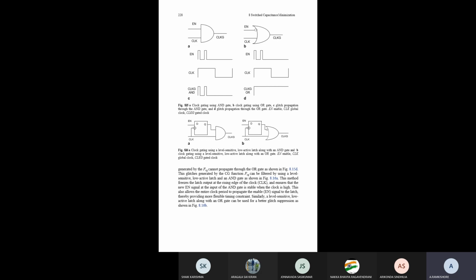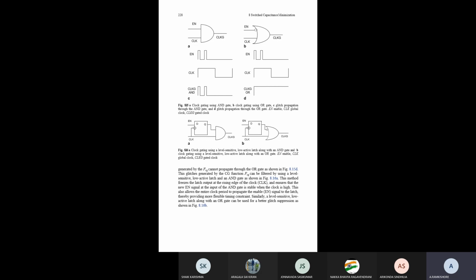Here the mechanism of CG is shown in this figure. A combinational circuit is used to detect the condition. Whatever we are discussing, any type of circuit, either combinational or sequential, or whatever the device, is used to detect the condition when a specific functional unit is in use and generate an enable signal.